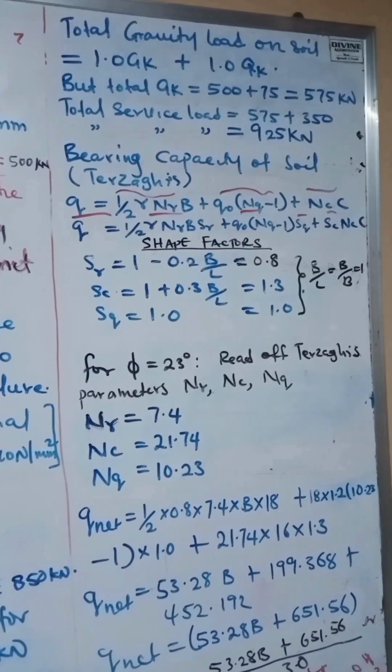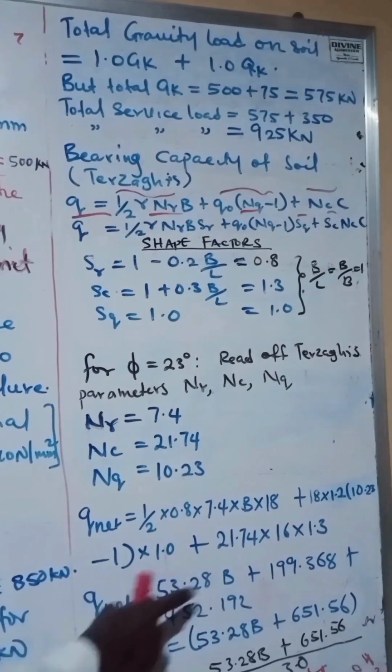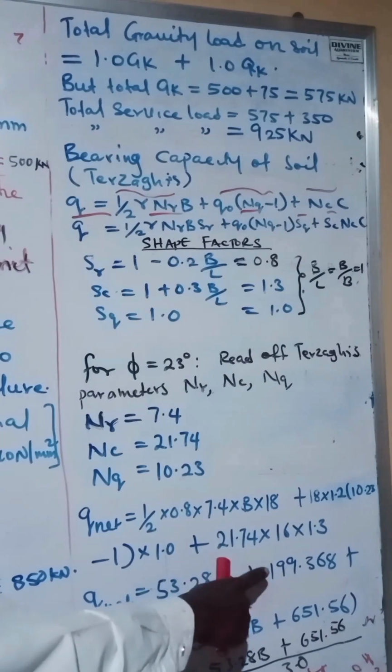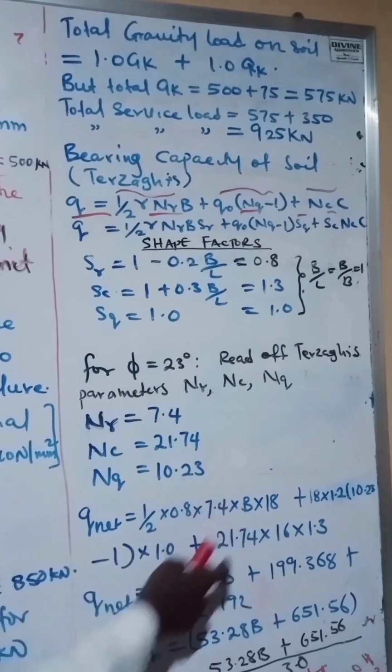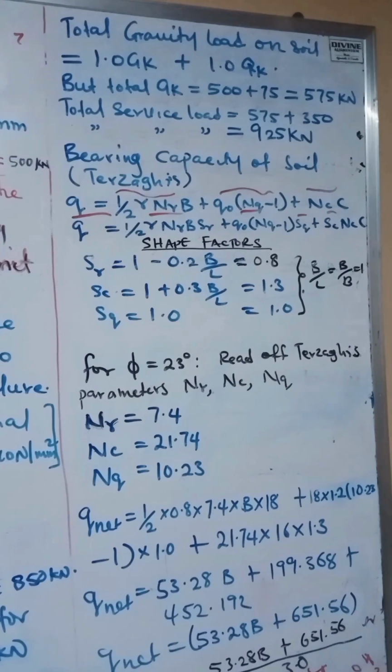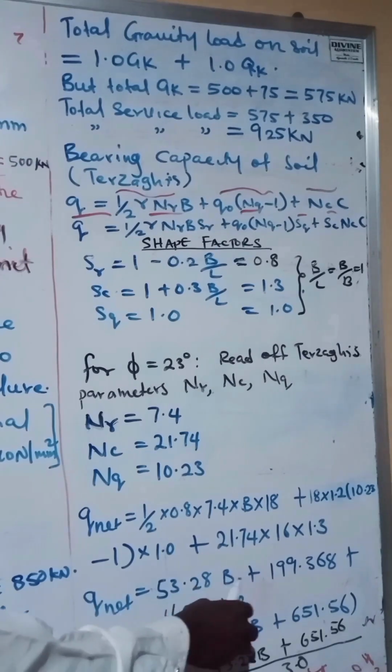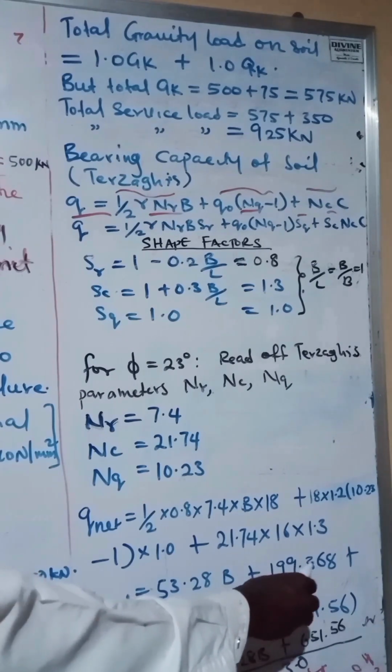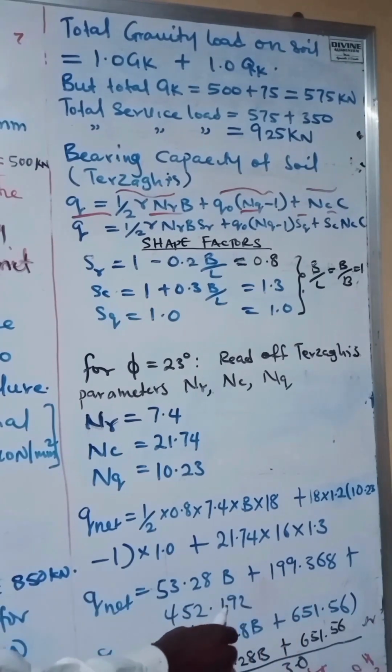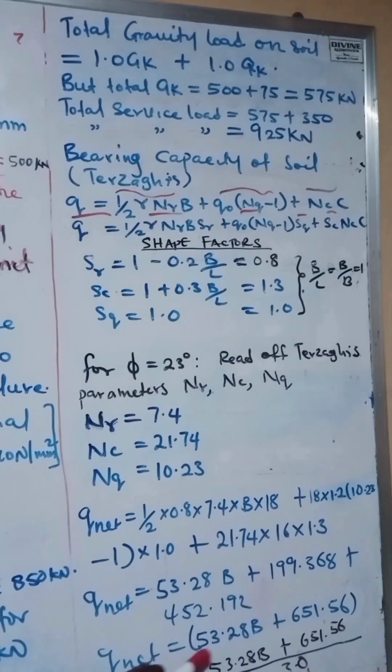All right. So if we solve the net bearing capacity, you're going to have 53.28 B plus 199. Remember, the B represents the breadth of the footing. Okay. So solving this equation, we are going to have our net bearing capacity to be 53.28 B plus 199.368 plus 452.192.